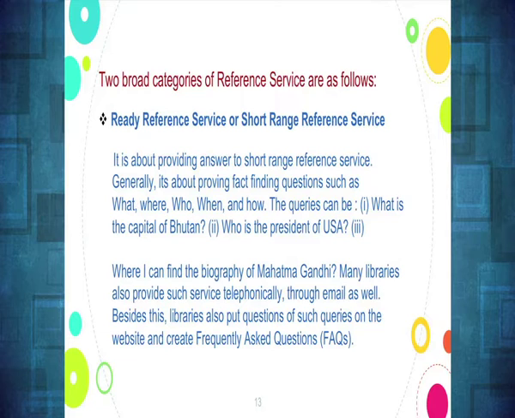The query can be: what is the capital of Bhutan, who is the president of USA, or where is Los Angeles located, in which country. All these queries which are confined to what, where, who, when and how fall under the category of ready reference service, or we can call it short range reference service.